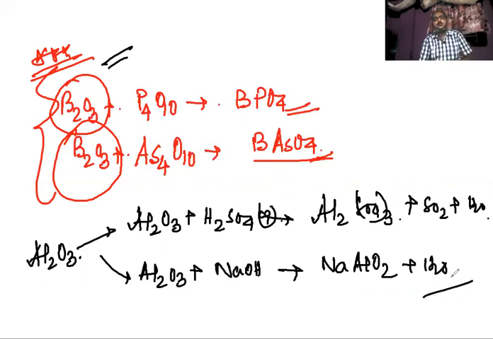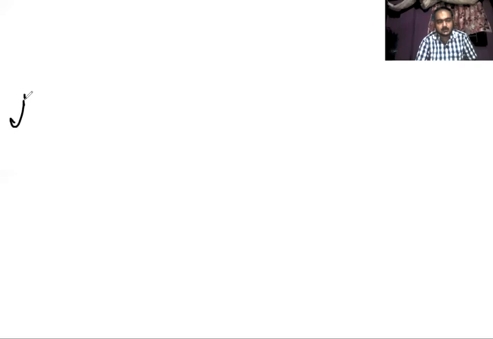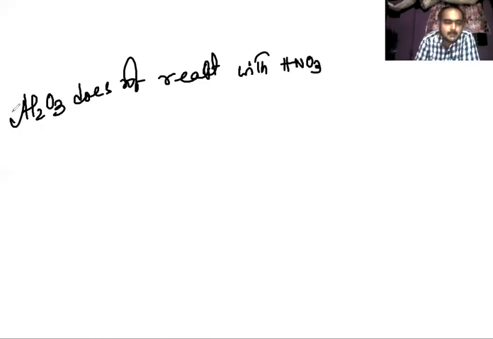So aluminium oxide reacts with H2SO4, but Al2O3 does not react with HNO3.